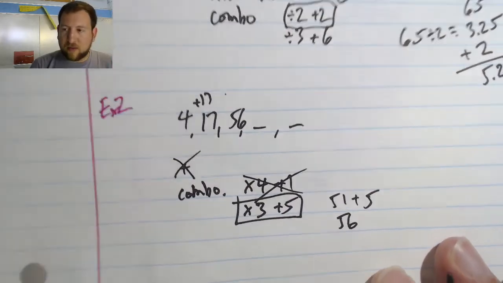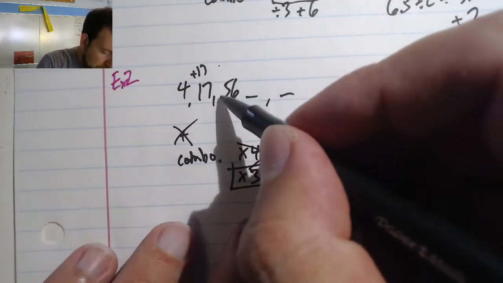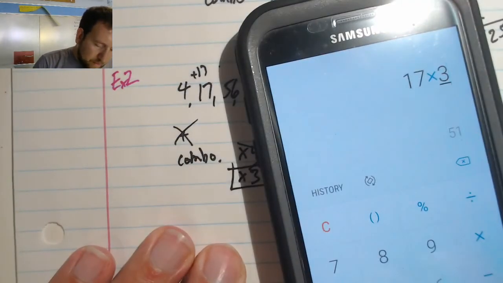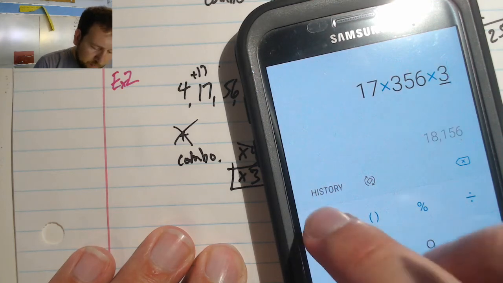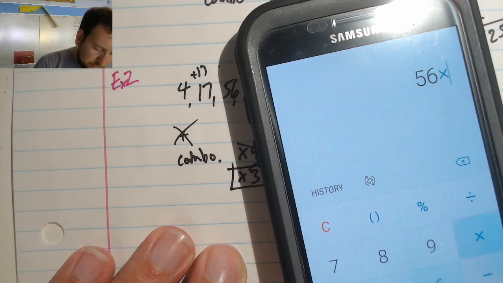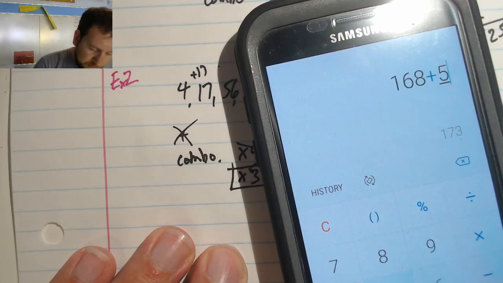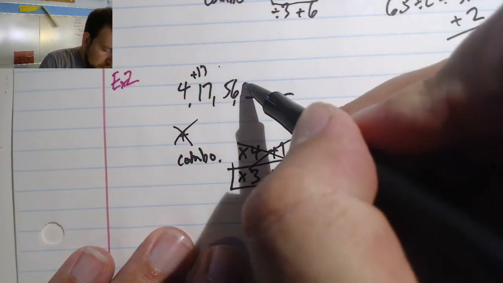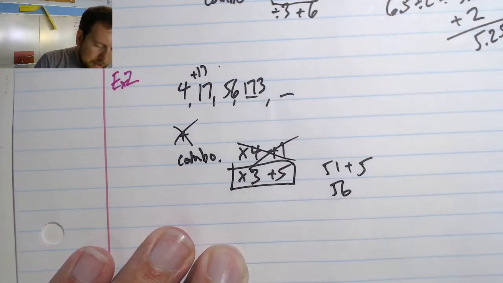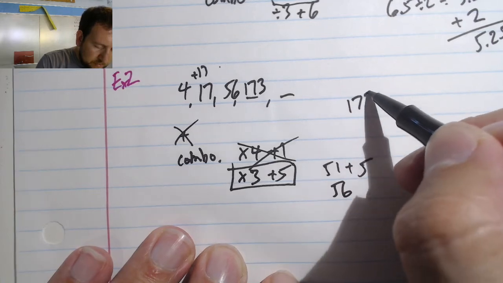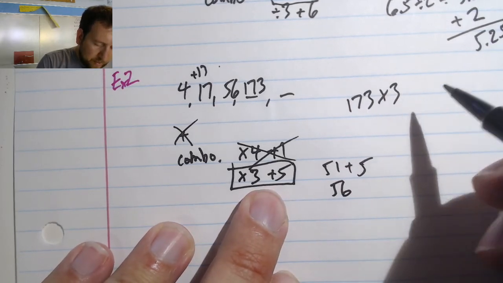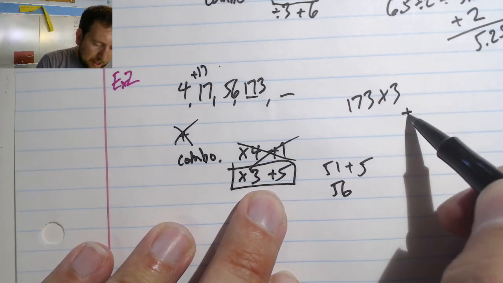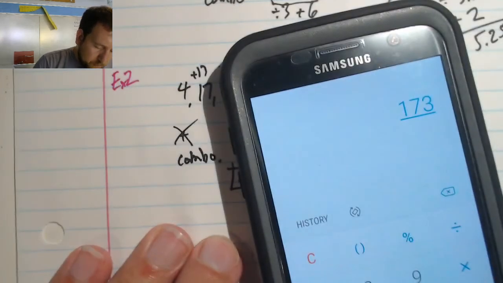This times 3 plus 5. So now I've got 56. 56 times 3. Oops, I should clear my screen. 56 times 3 plus 5 is 173.